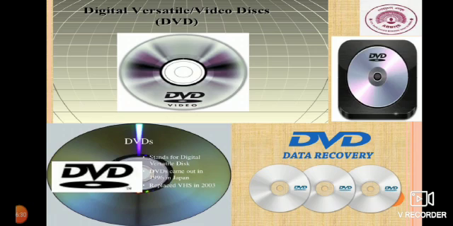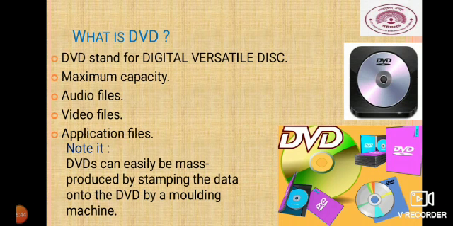Now let us move on to the third storage device, that is the DVD. DVD means digital versatile or video disc. Here are some pictures of DVD. DVD was invented in 1995, which is a much more effective version of optical storage.